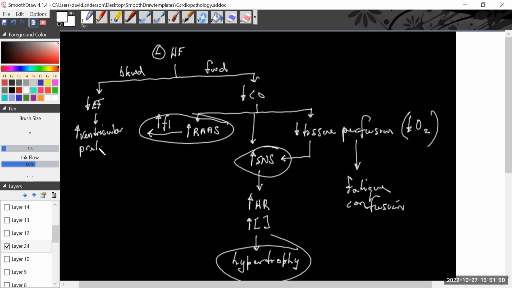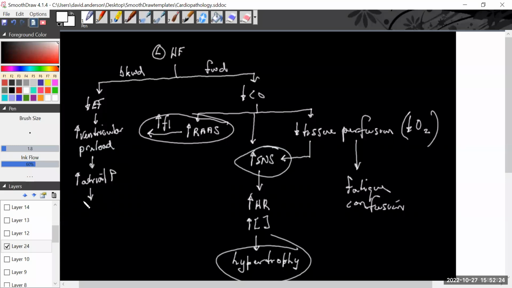preload, right? Because instead of having, say, 30 milliliters in the ventricle, now we've got 40 or 50 milliliters in the ventricle. So that's an increase in preload because we're going to still deliver blood into that left atrium to deliver to the left ventricle, so we're going to add to it. But what that means, if there's more blood in the left ventricle, is that it increases left atrial pressure because it's going to go backwards.